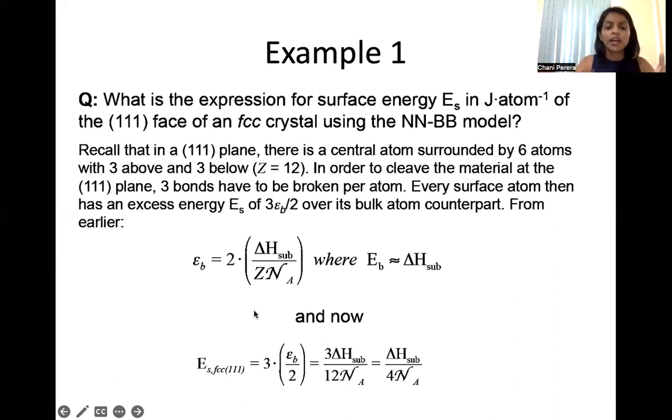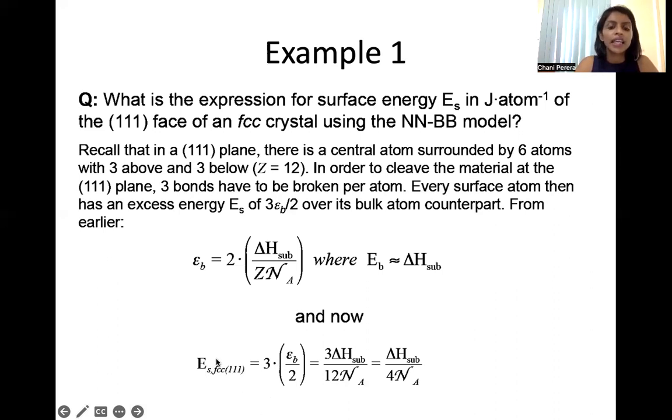So in our scenario, we have to come up with an expression for the surface energy E_S of FCC cleaved in the 111 plane.